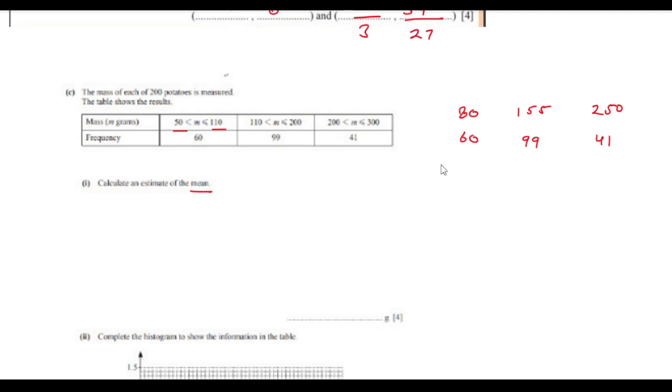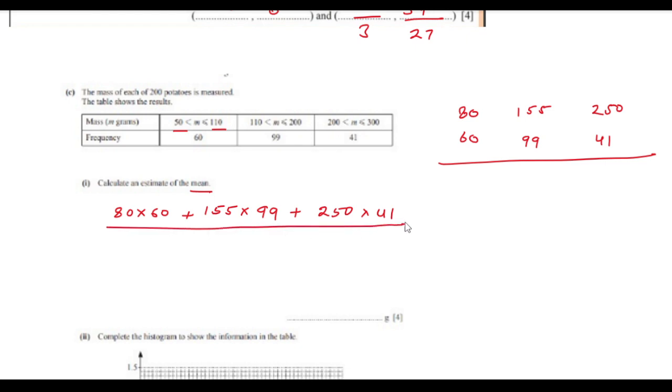To find the mean, you multiply these values: 80 times 60 plus 155 times 99 plus 250 times 41, and then the whole divided by the total frequency, which is 60 plus 99 plus 41.